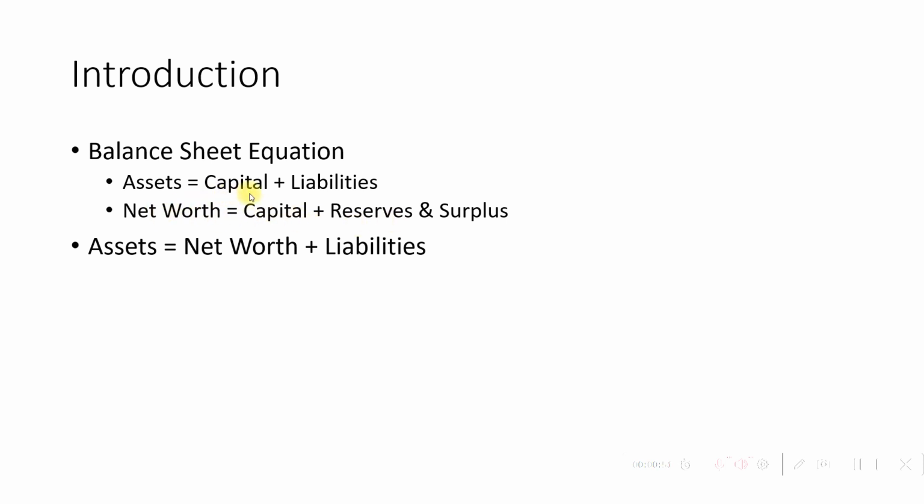So capital can be expanded as capital plus reserves and surplus. Hence, we rewrite the balance sheet equation as assets is equal to net worth, which is nothing but capital plus reserves and surplus, plus liabilities.